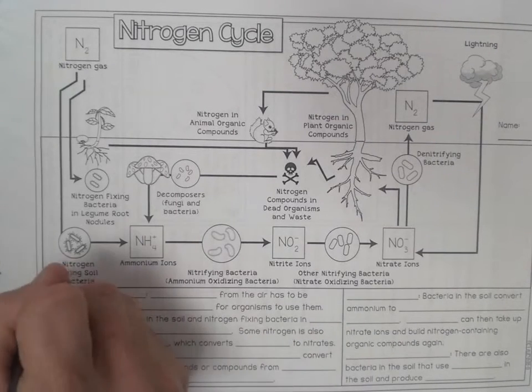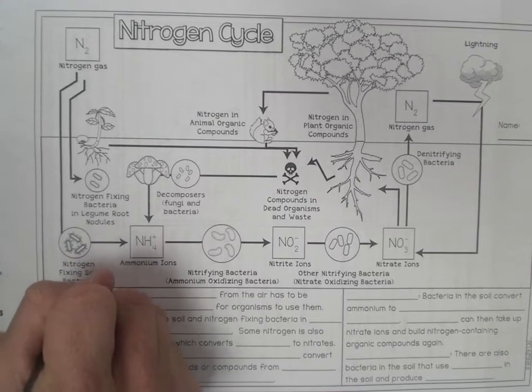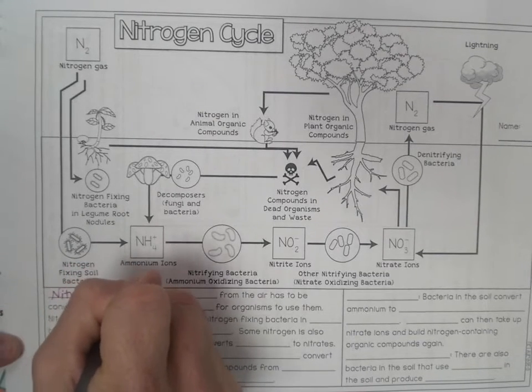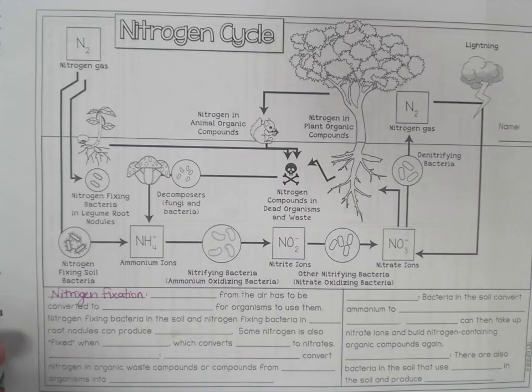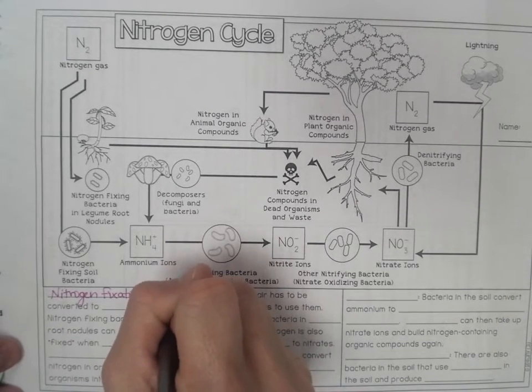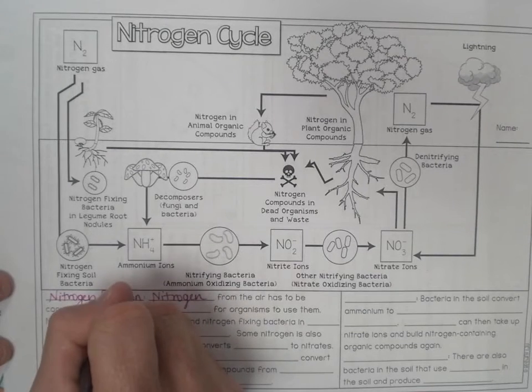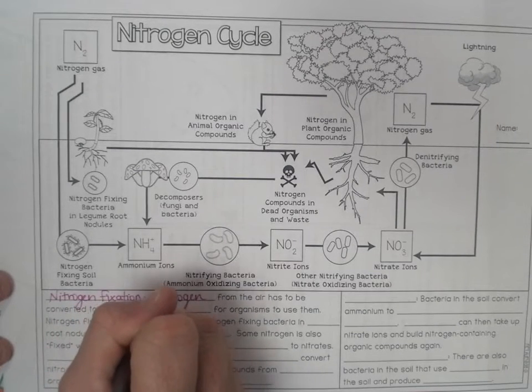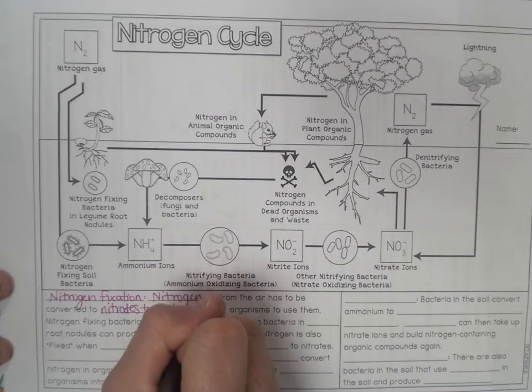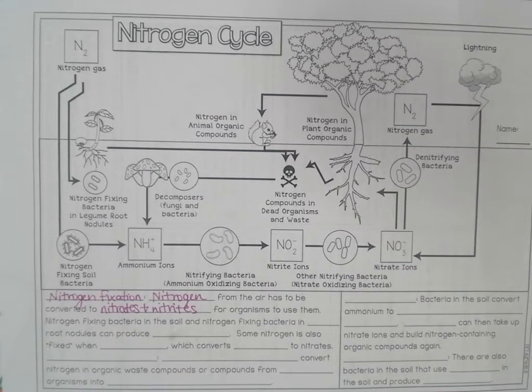So, nitrogen fixation is what we call when nitrogen from the air has to be converted to nitrates and nitrites for organisms to use them.